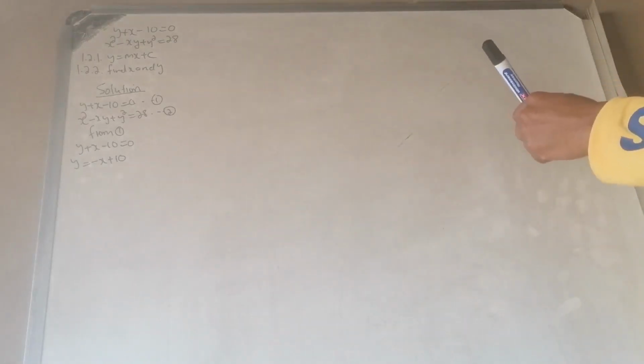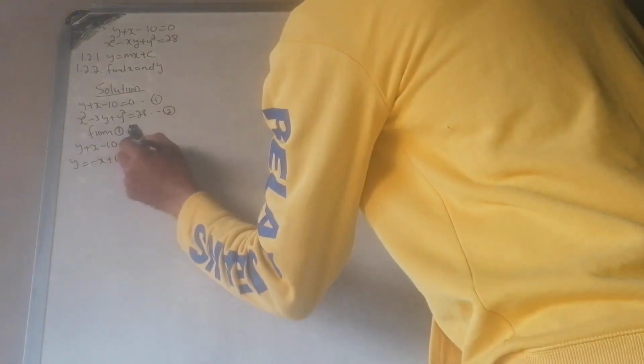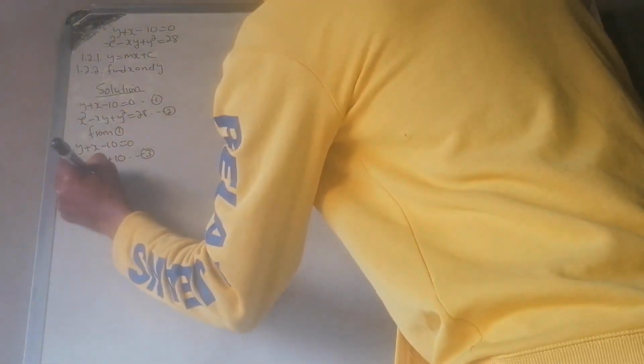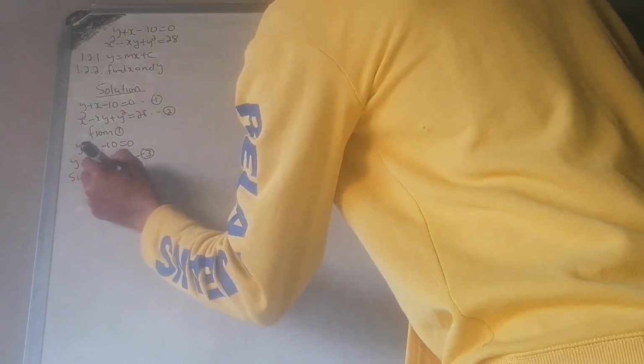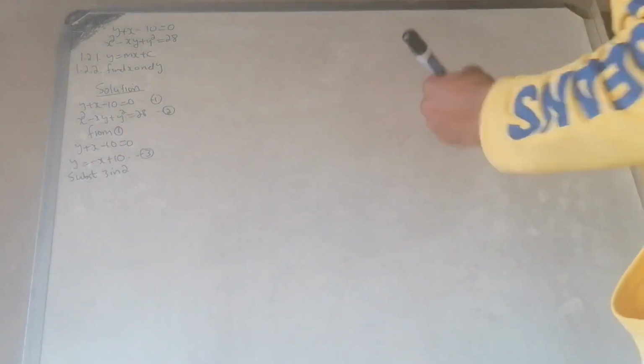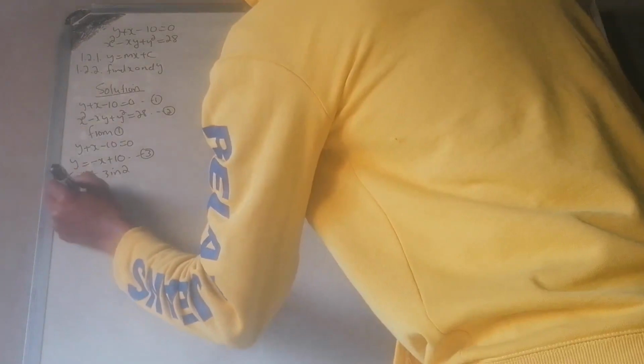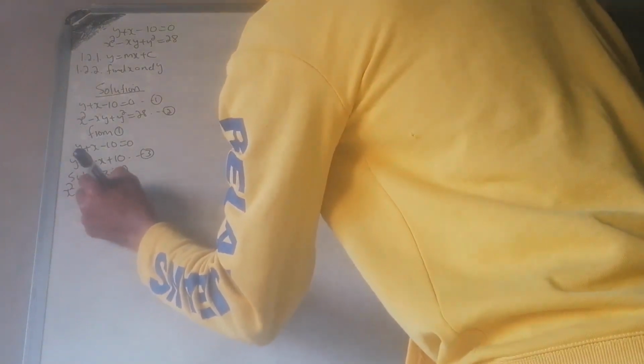Alright, this is equation 3, and then we are going to try and substitute 3 in equation 2. Equation 2 says that x squared minus xy plus y squared must give you 28.